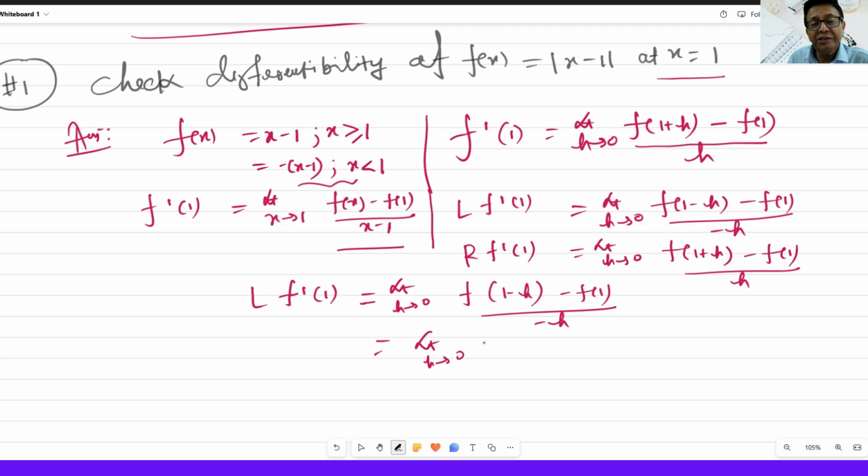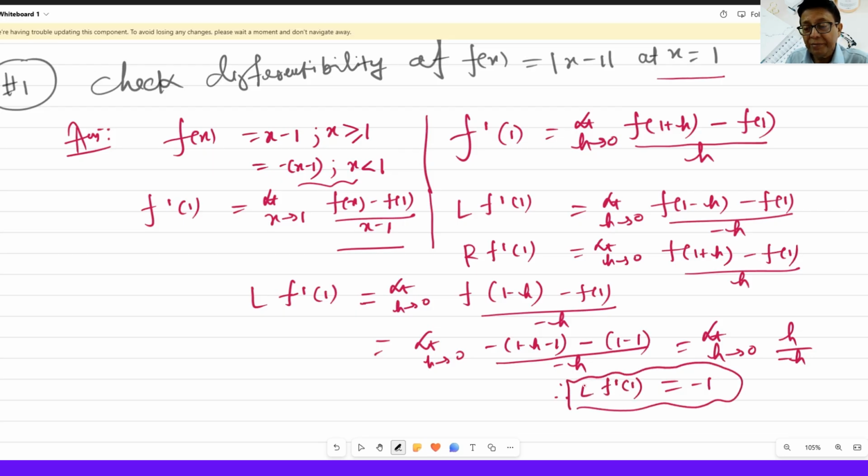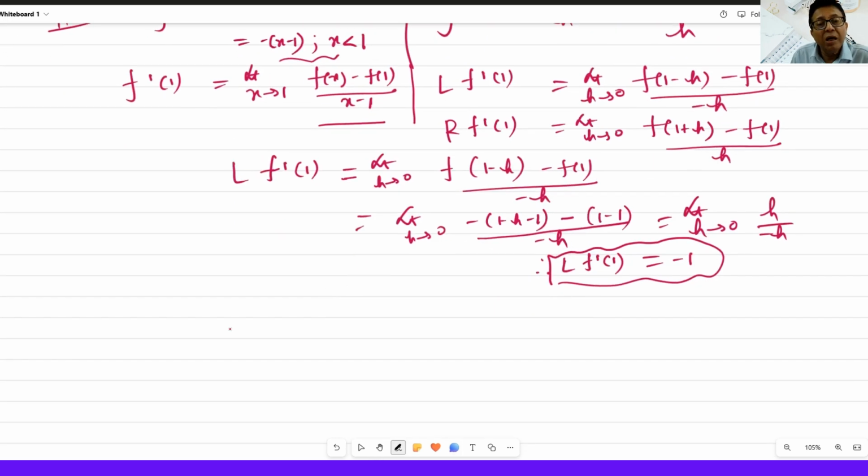So limit h tending to 0, minus of 1 minus h minus 1, minus f(1), divided by minus h. Everything gets cancelled except h by minus h. So L f dash 1 is minus 1. Okay. What about R f dash 1?